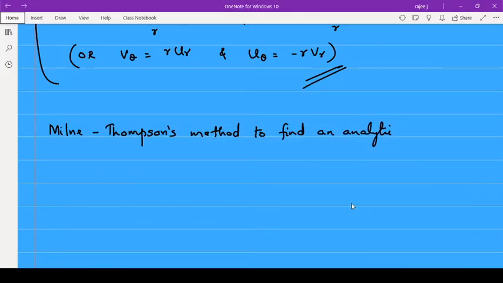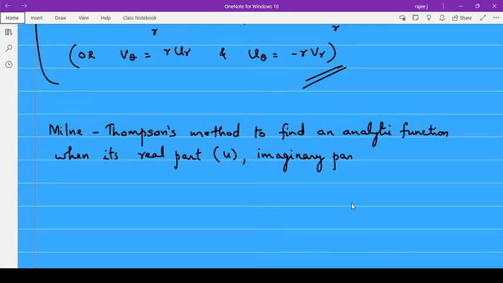So Milne-Thomson's method to find an analytic function, when, this is one of the most important topics, when its real part, that is u, or imaginary part, that is v, or combination of u and v.